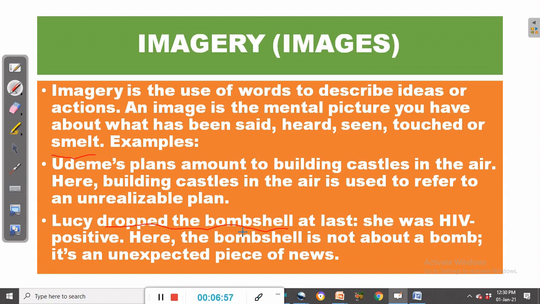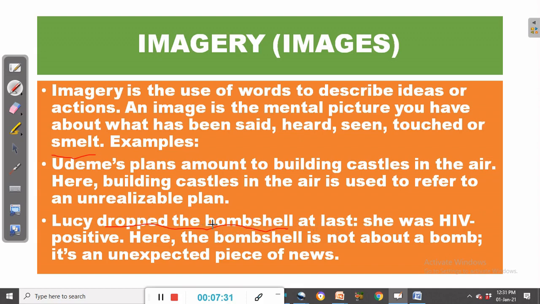So that gives you a picture of something that really portends a kind of danger or something that is really not positive. Because if a bombshell is dropped, it's capable of killing someone or causing some injuries to people in that environment. But then this is metaphorical or figurative, if you like. So what picture does it give you?